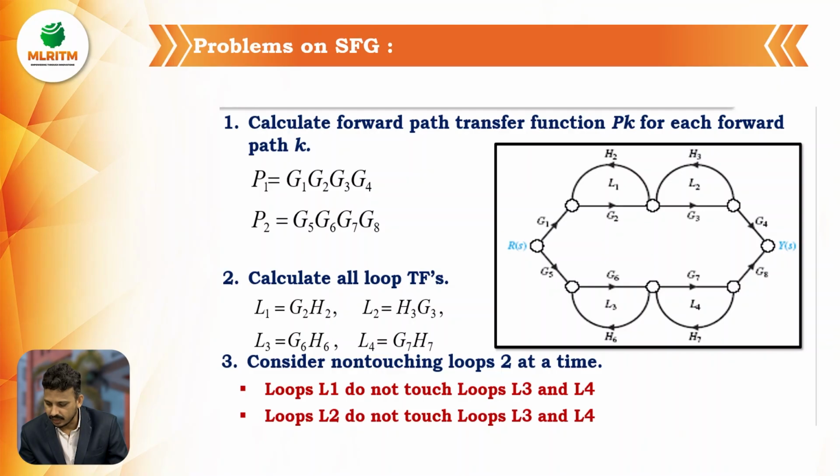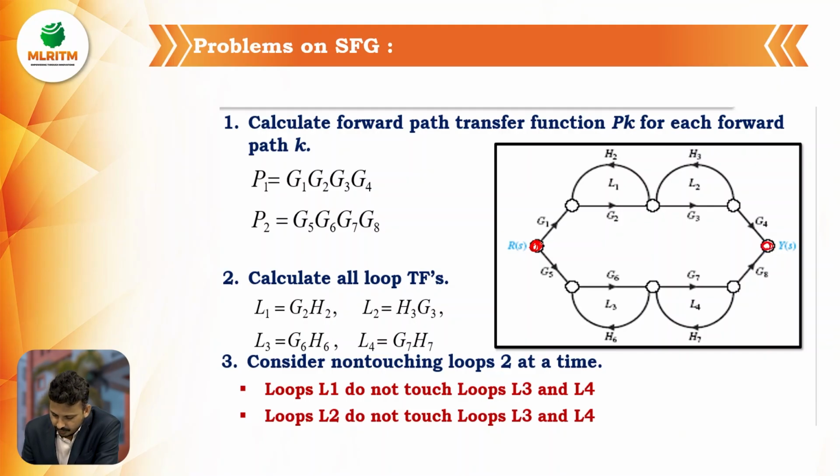So see this graph. Calculate the forward path gain, the forward path transfer function Pk, for each forward path k. So let's first identify what the input is and what the output is for this system. This is the input node, and Y of s is the output node.